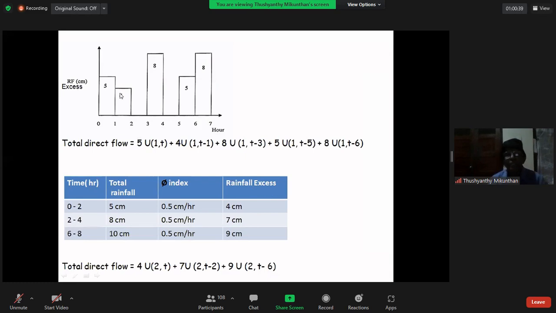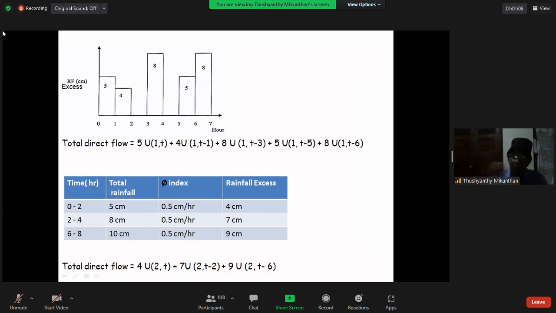Here the rainfall excess is directly given: 5, 4, 8, 5, 8. There are 5 rainfalls contributing to the total direct flow, so U plus U plus U plus U plus U.